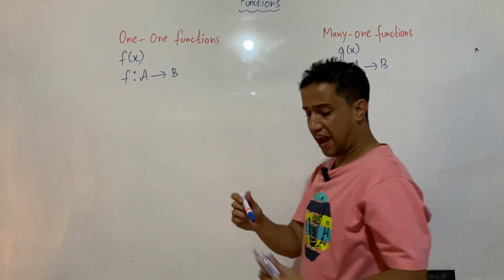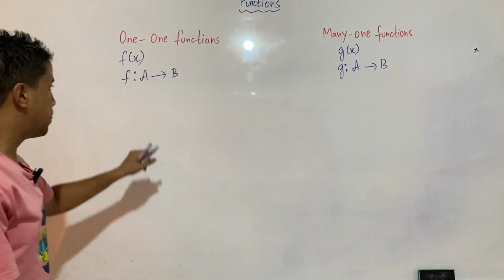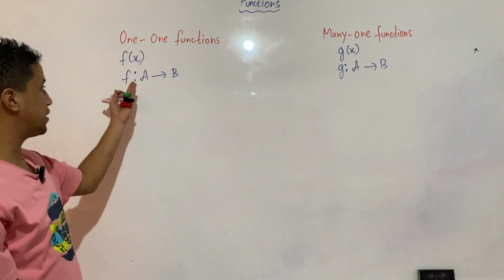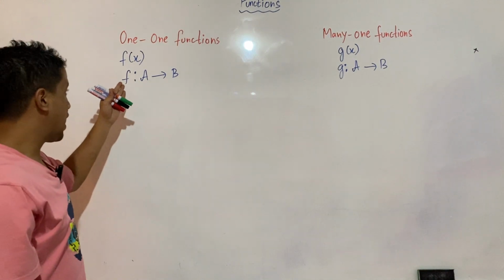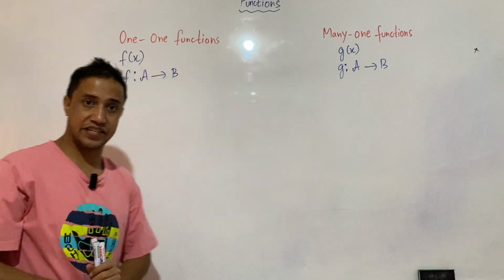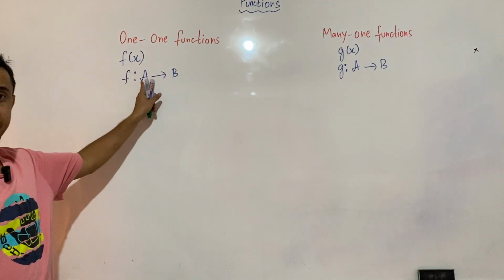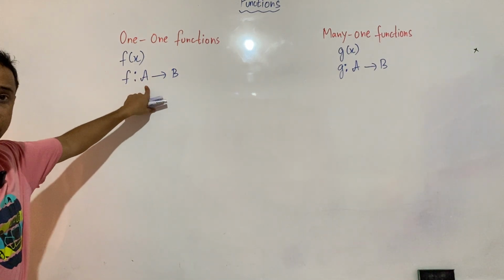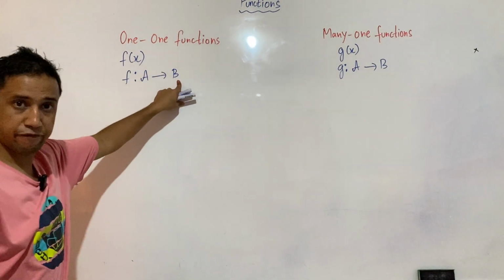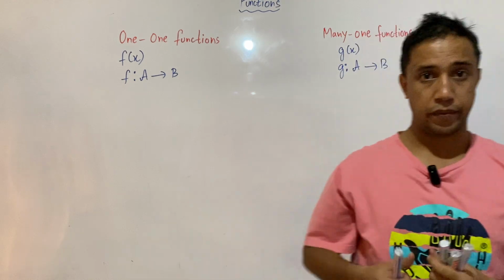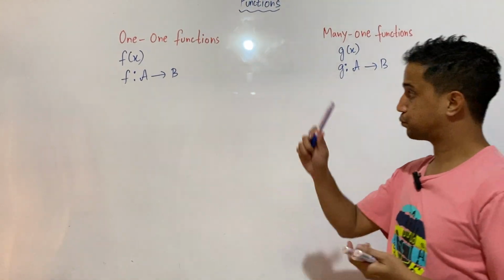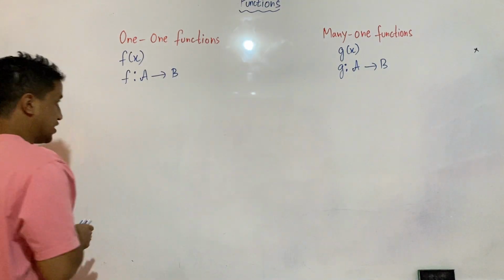Now, this is a mathematical representation of a function. It means that f is the given function and it is defined from set A to set B, where A is our domain and B is referred to as the codomain. These are the basic things and I hope you are aware of them.